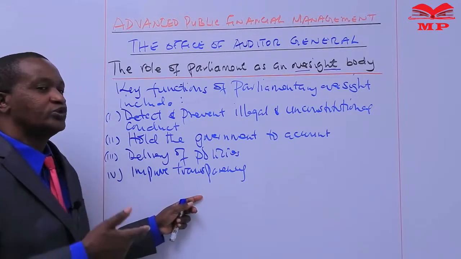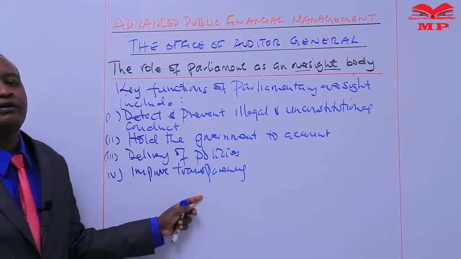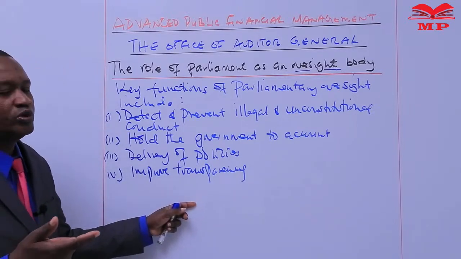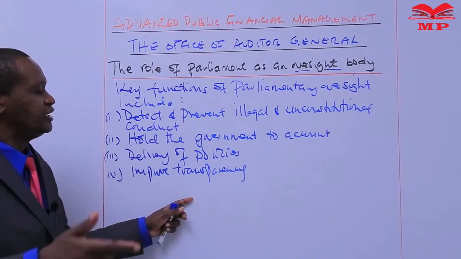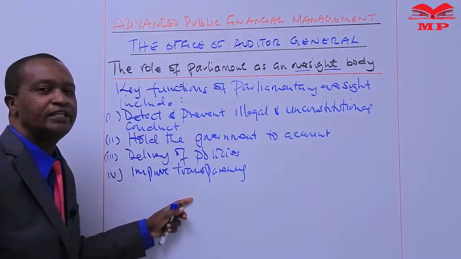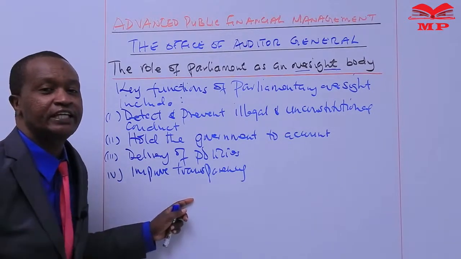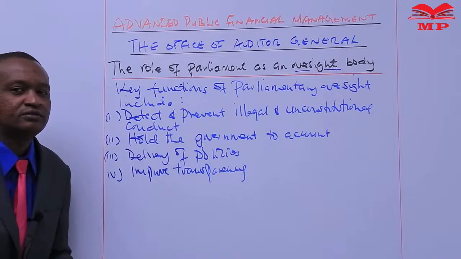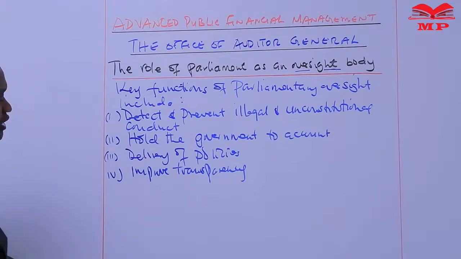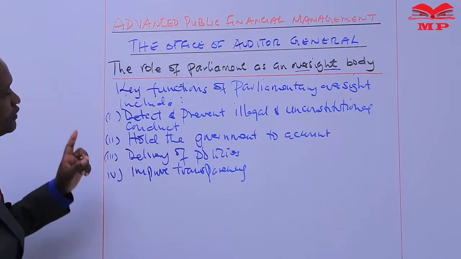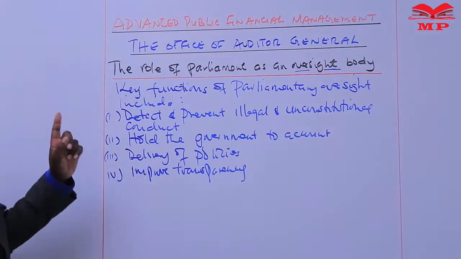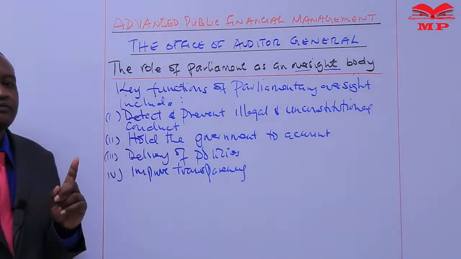The parliament can also use its powers to ensure that the policies have been implemented effectively. So these are some of the key functions of parliamentary oversight.